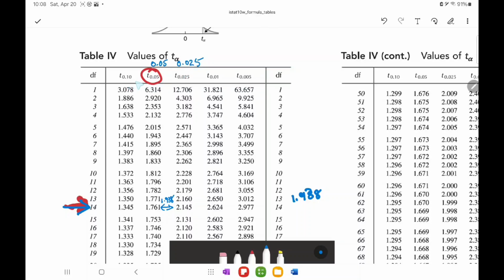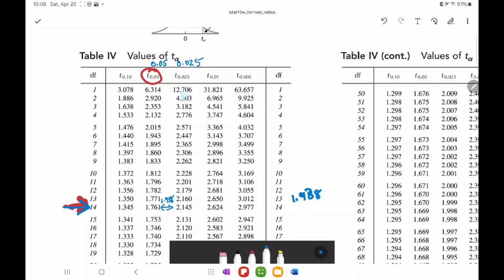As we go from left to right, the alpha values are dropping: 0.10, 0.05, 0.025, 0.01, and 0.005.